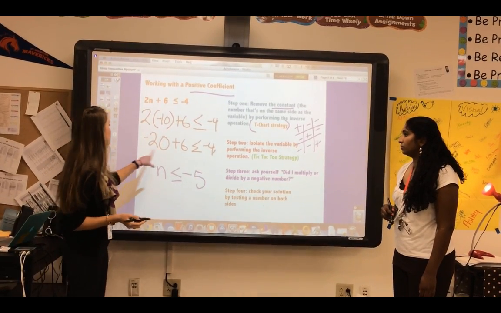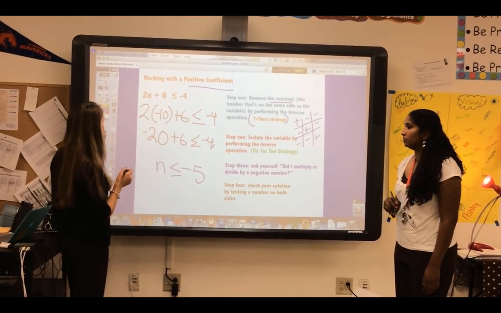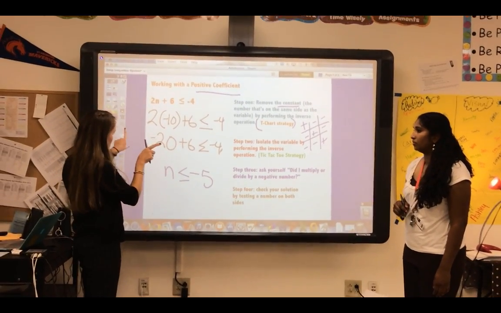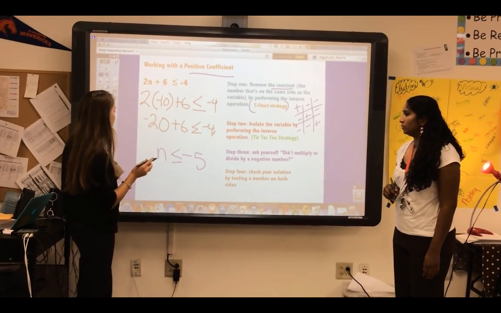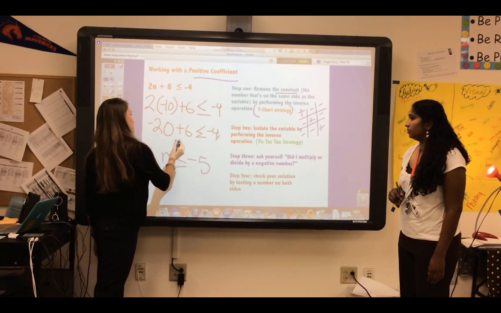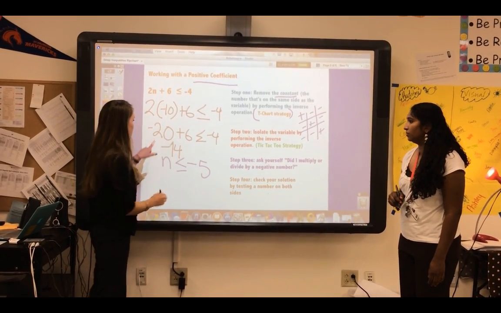So now -20 plus 6. I can remember from my number line that I need to start at -20 and work towards the other side. So I'll actually just take the difference since my signs are different: 20 minus 6. I know it's going to be negative because 20 is bigger.